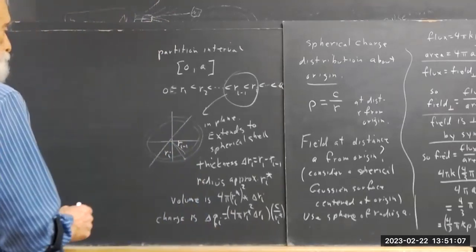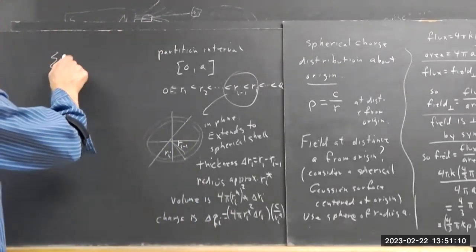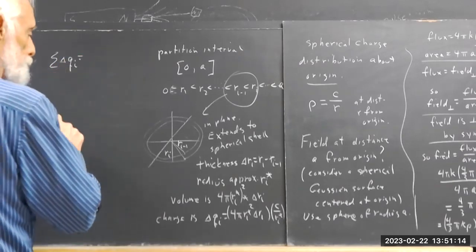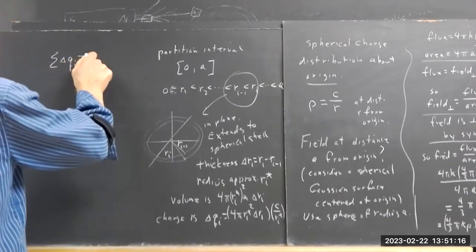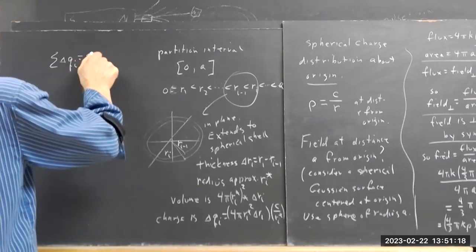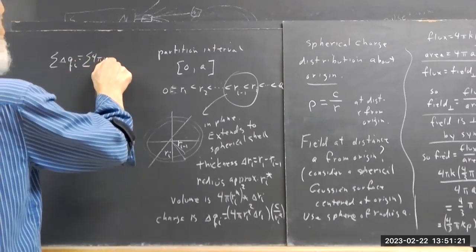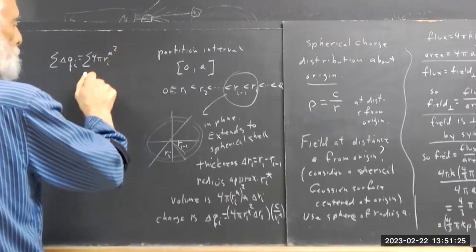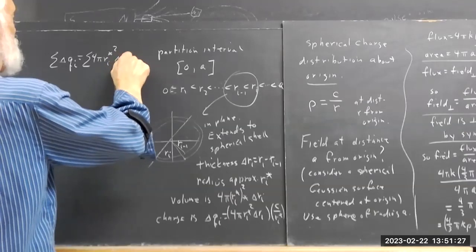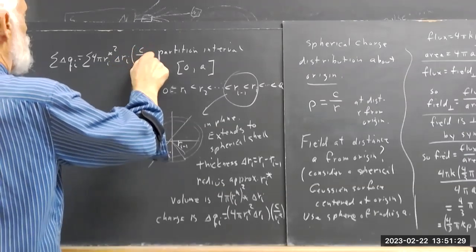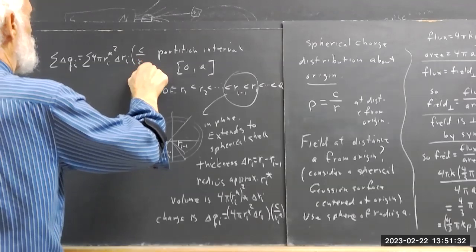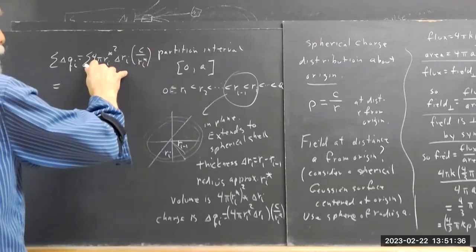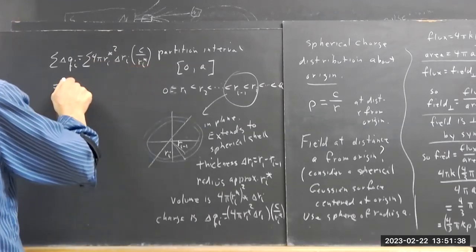So the sum of the delta Q sub i is the sum of this volume times density.